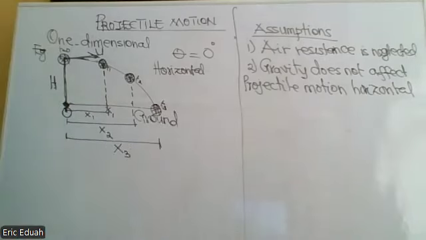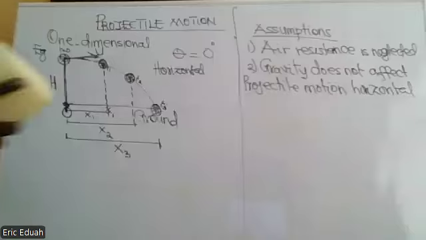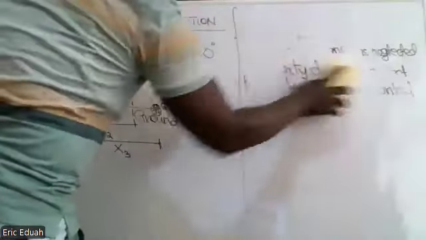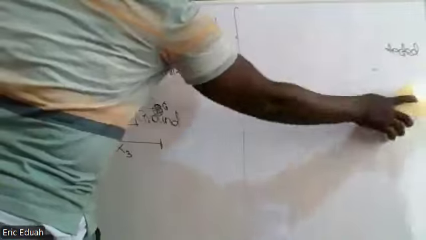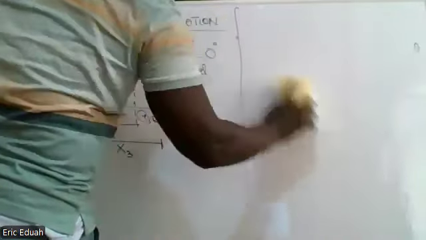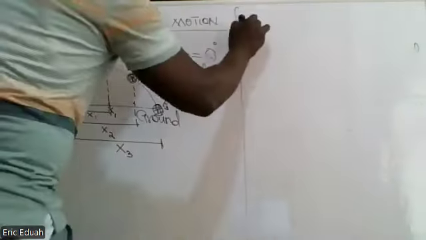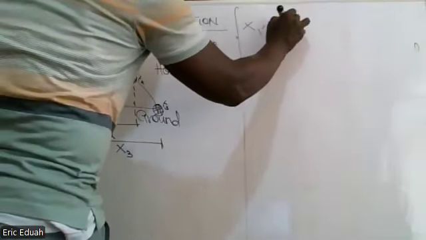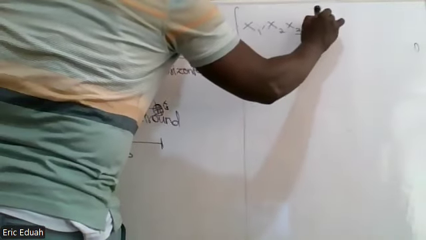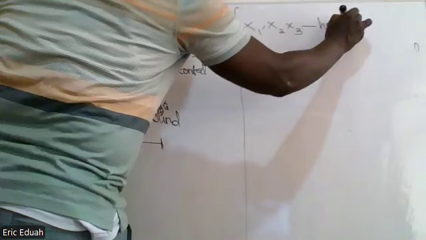So class, it means that x1, x2, x3 are the horizontal displacements: how much the projectile has been displaced from its starting point. So let me indicate here: x1, x2, x3 are the horizontal displacements.